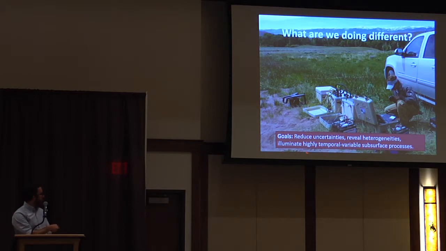The other thing we want to do is illuminate these highly temporal hydrologic processes. And in order to achieve all of these goals, we're using some geophysics. Obviously, that's why I'm up here, I'm a geophysicist. We're using some slightly more conventional streamflow type measurements, and then we're also using some pretty novel measurements of our atmospheric water component. I'll talk about each of those things in the next few slides.